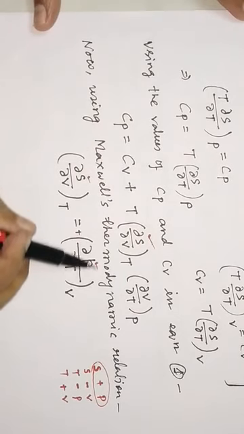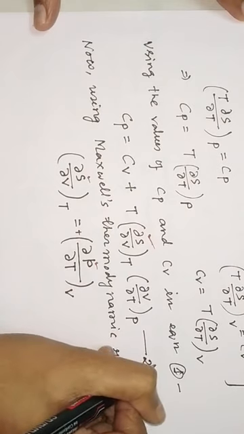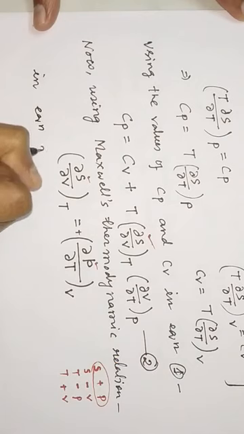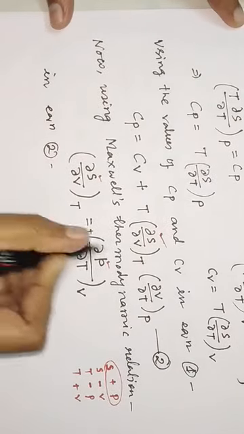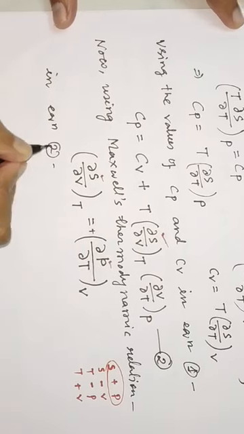So now using Maxwell's thermodynamic relation in equation 2, we can replace del S del V at constant T by del P del T at constant V. Okay.